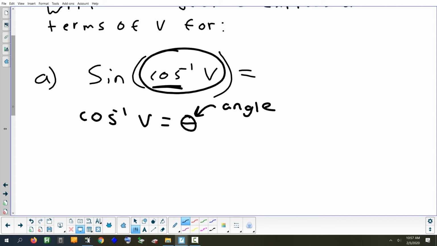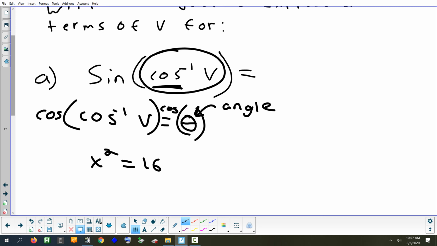Yep, there. Cosine. So what we're going to do, I'm just going to, over here I got plenty of room, take the cosine of the left-hand side, and I'm going to take the cosine of the right-hand side. Just like if you had an equation and said, I'm going to take the square root of both sides. You do it here, you do it here.